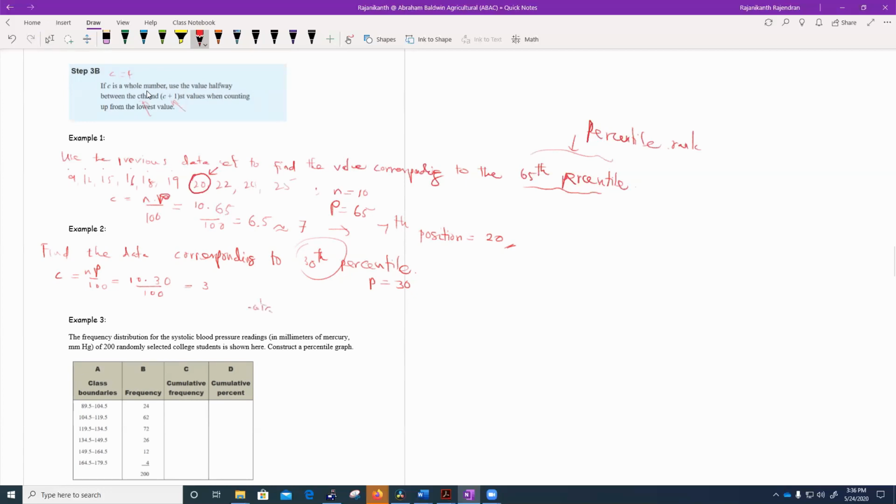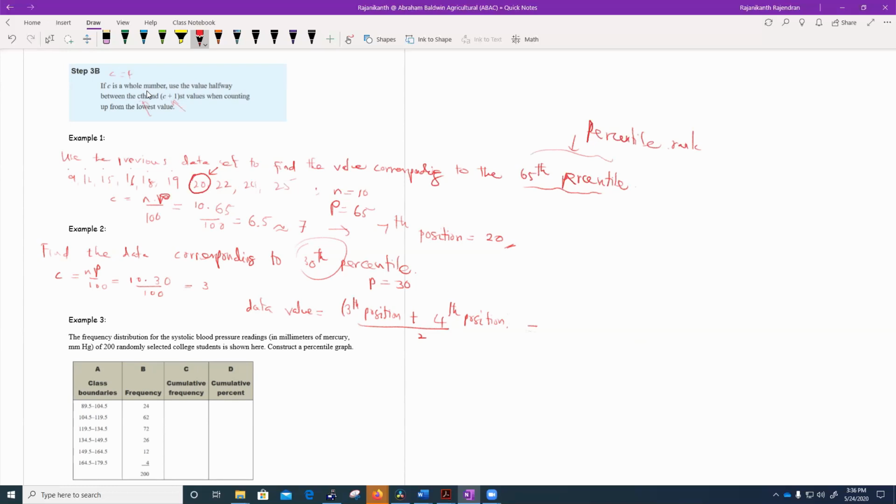My answer is going to be the data value in the Cth place, the third position of your data set, plus the 3 plus 1, which is the fourth position of your data set, then find the average: add them, then divide by 2. I'm finding these two values, the third position and the fourth position of the data values in the data set, then dividing by 2.